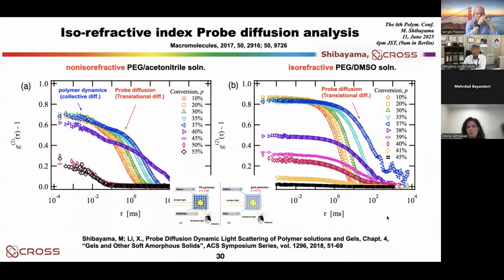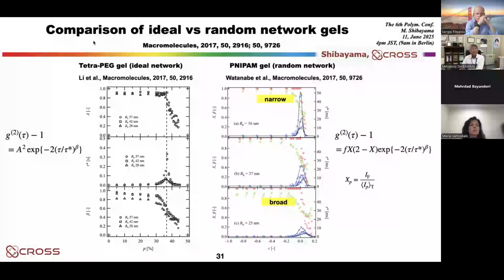So what's the merit of this method? It is as follows: this comparison of ideal and random network gel. This is the ideal network, and then we change the probe particles from 57 to 28 nanometers, and we apply this kind of equation from which we can obtain the amplitude and the characteristic time, and also the stretched exponential beta. Irrespective of the particle size, this is almost more or less the same. However, in the case of random network, it depends on the probe particle sizes.